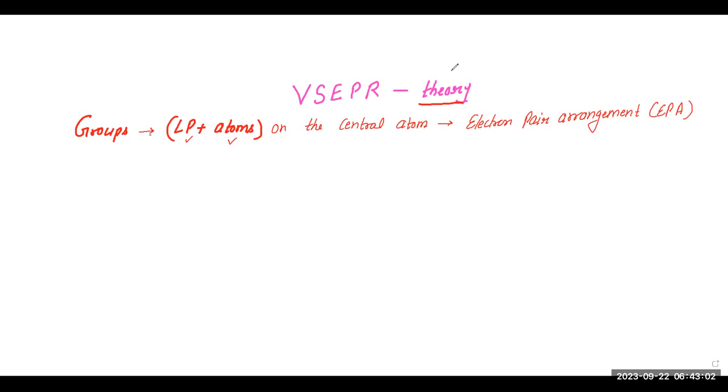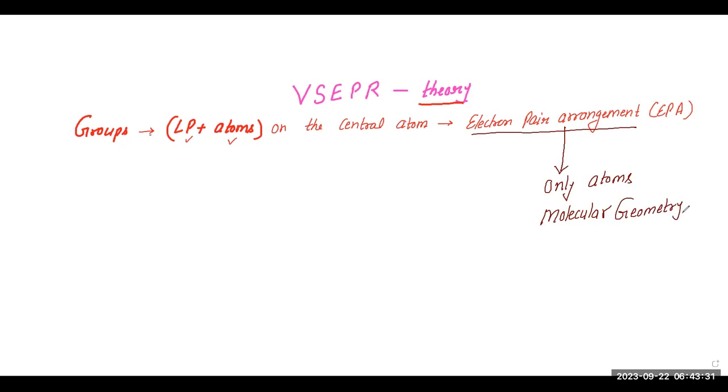Okay, but after this electron pair arrangement, see, I'm placing an arrow here. After deciding this, if you look only at atoms, then it is called molecular geometry. And the aim is to know this molecular geometry.